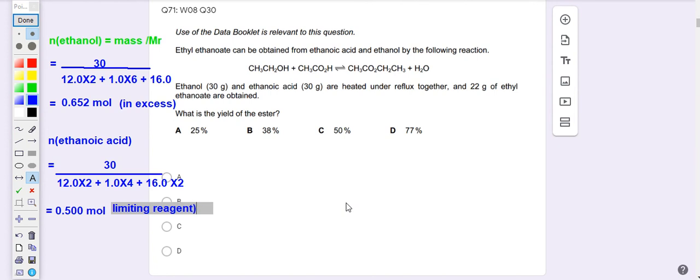So we are using the number of mole of ethanoic acid to find the number of mole of ethyl ethanoate that will be formed, which is the same as the number of mole of ethanoic acid. So if the alcohol and ethanoic acid react completely with each other, we are supposed to get 0.5 mole of ethyl ethanoate.